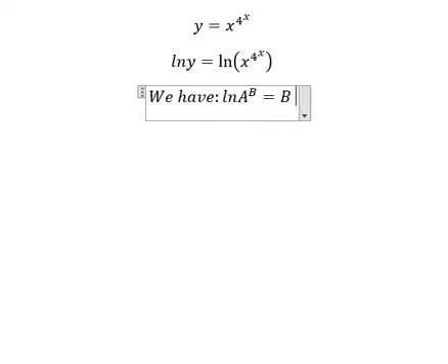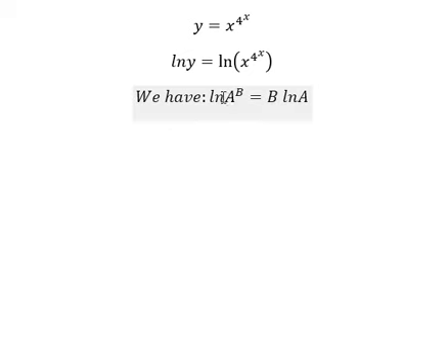So we have the formula in here. Capital A is about x, capital B is about 4 to the power of x. And now we need to transform this one into this one.